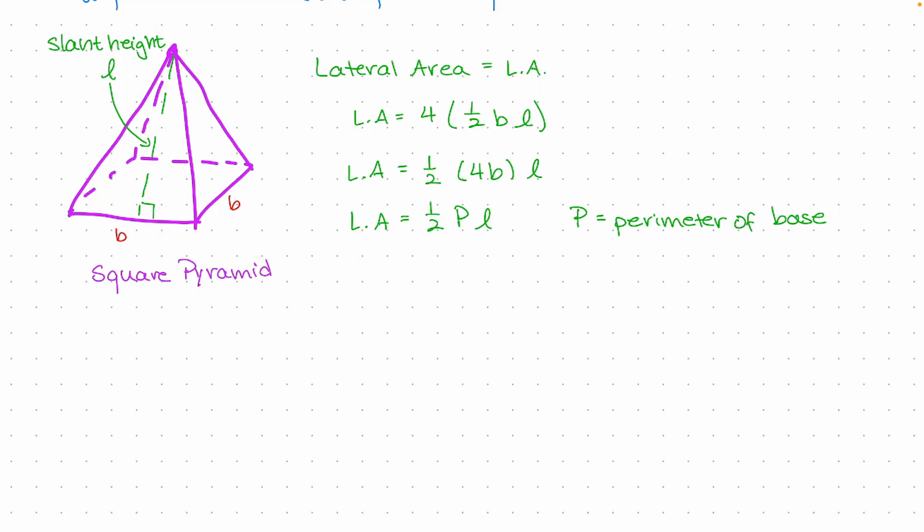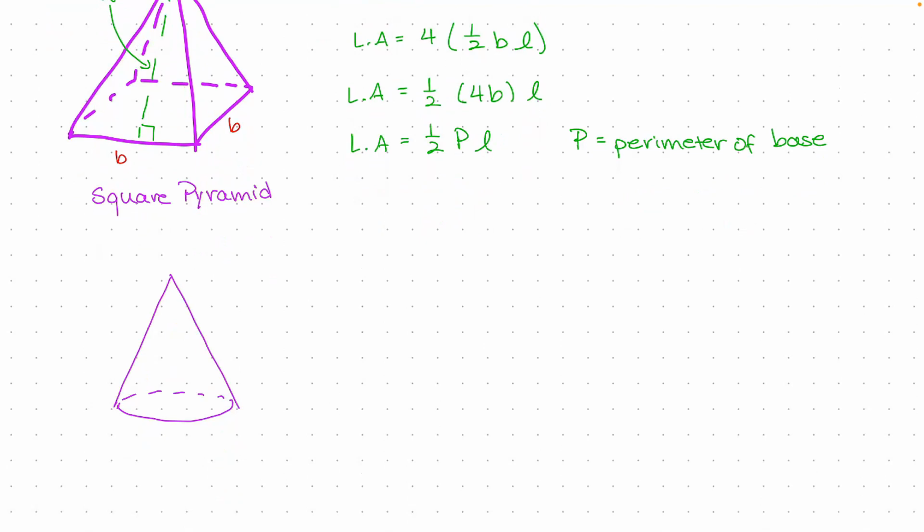All right. So now let's look at a cone. Cones still have a slant height. So that's L. And of course they have a radius.